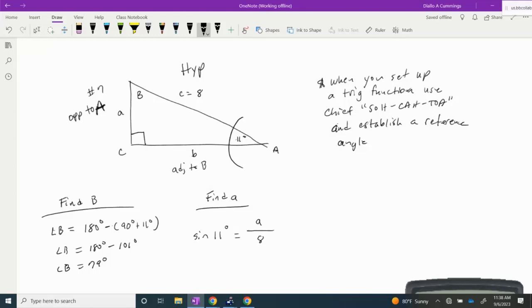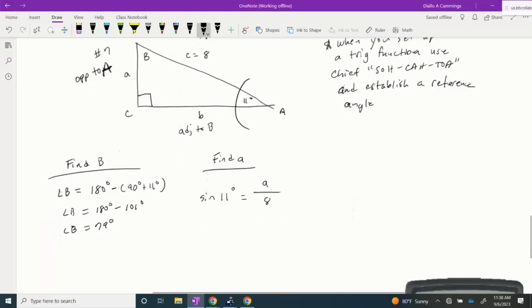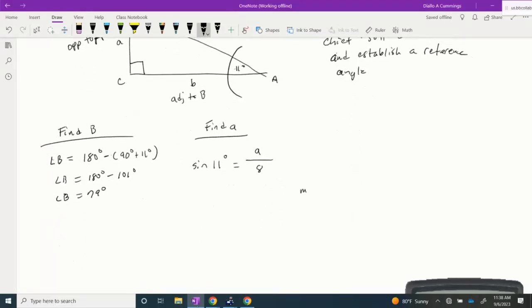So how will I solve it for A? Well, the first thing I would do is get rid of the fraction. Whatever you do to one side, you got to do the same thing to the other side. So I would multiply both sides by 8. I'm going to clear the fraction.